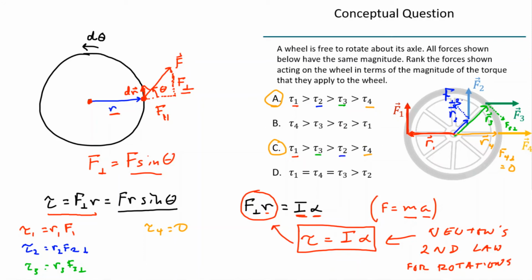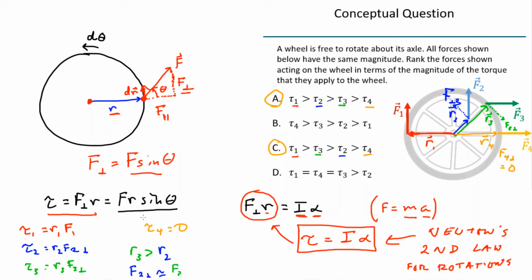Well, if we look, F3 and F2 both make about the same angle with their radial vectors R. But F3 has a longer radial vector than F2. R3 is greater than R2, it's about twice R2, whereas F2 perpendicular is approximately equal to F3 perpendicular.